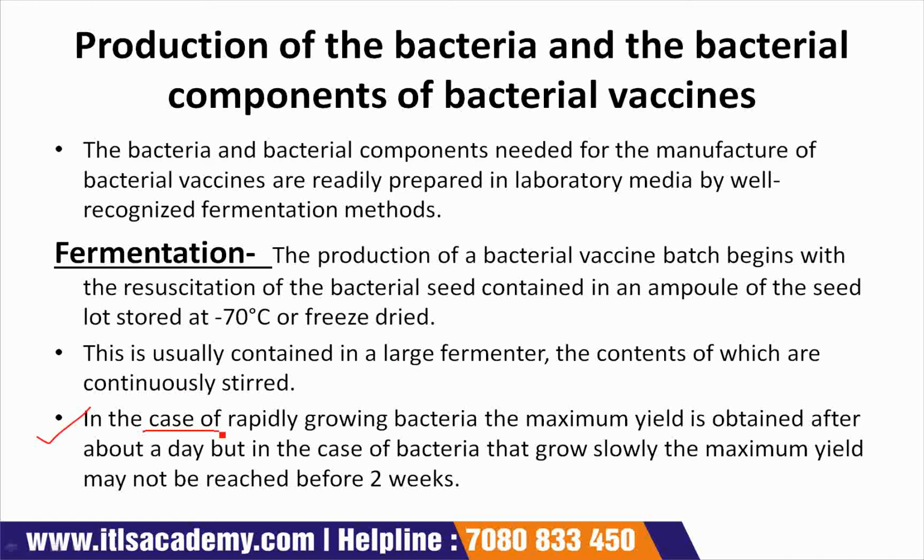In the case of rapidly growing bacteria, the maximum yield is obtained after about a day. Most of the time, the incubation period is about 1 day, or 24 hours. But in the case of bacteria that grow slowly, the maximum yield may not be reached before 2 weeks.